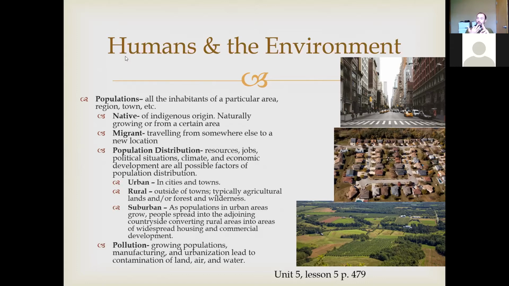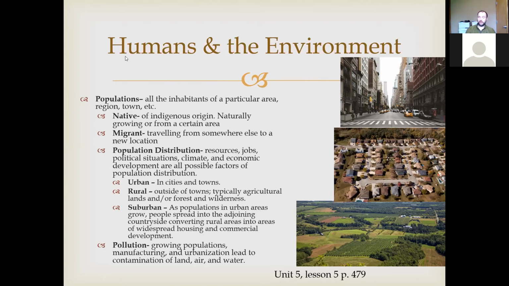In other words, born in that same town or country or state, whatever. Native means they were born there, grew up there, stayed there. Whereas migrant, and some of this stuff might be obvious, and some of it might not be, a migrant population is populations of people that are traveling from somewhere else to a new location.